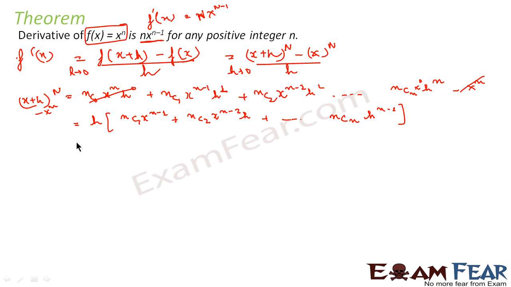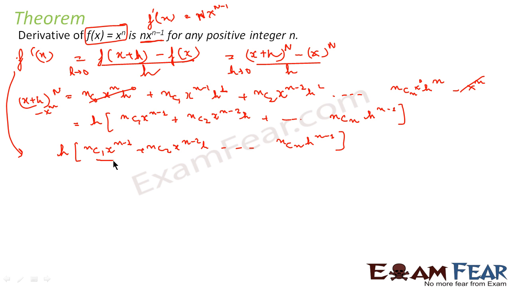This is the value, so we will replace this value here. So the function we get here is nothing but h times nC1 x to the power n minus 1 plus nC2 x to the power n minus 2 h, and so on, till nCn h to the power n minus 1, divided by h. h is cancelled.